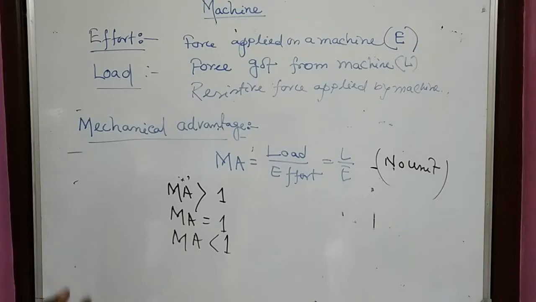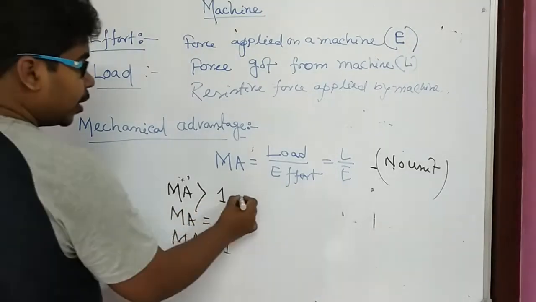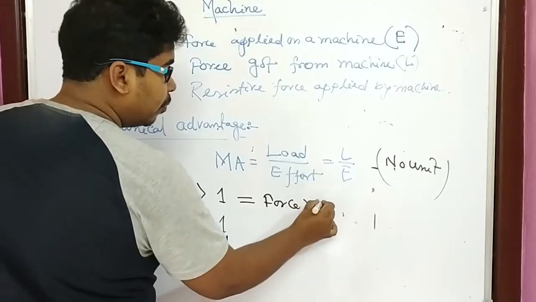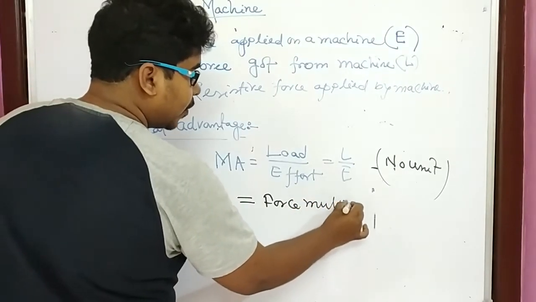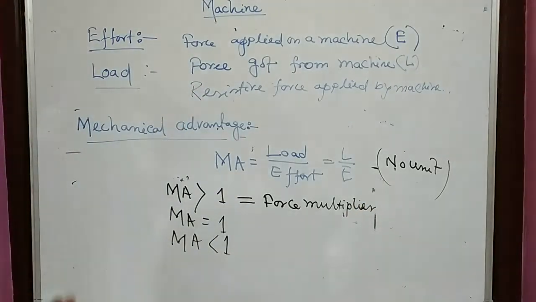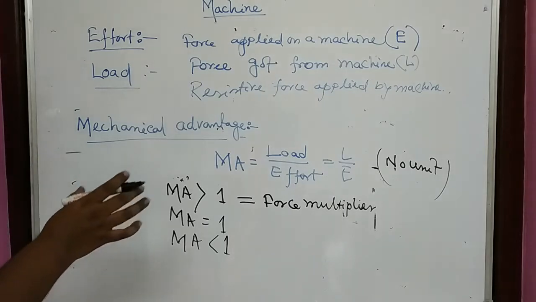The instrument whose mechanical advantage is greater than 1 should be taken as a force multiplier.